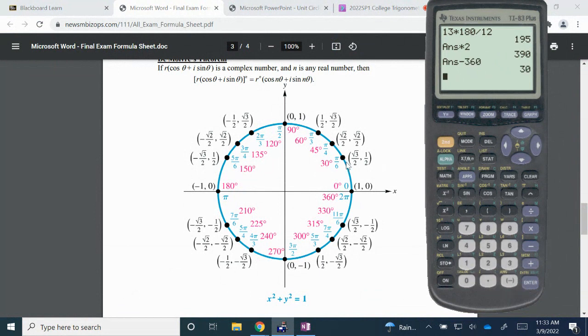And I see that 390 degrees and 30 degrees are coterminal, right? They start at the same spot and they end at the same spot. So I don't actually have 390 degrees in my unit circle, but I do have 30 degrees, right? So the cosine of 30 degrees would in fact be the same as the cosine of 390 degrees.